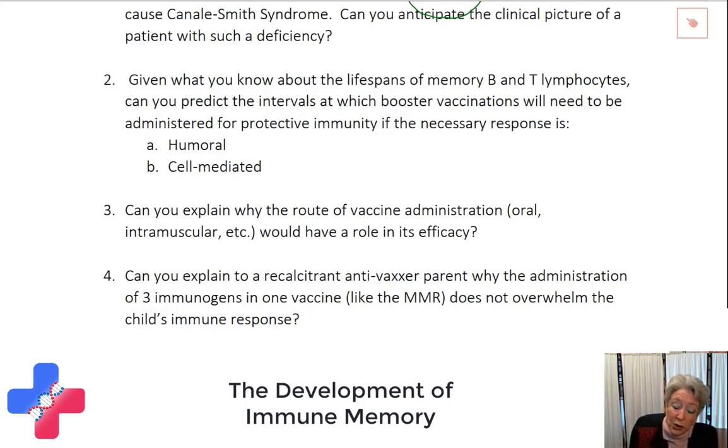All right, so if you recall, the lifespan of the plasma cell is 2 weeks. That's just the effector. But the B cells who create plasma cells have about a 10-year lifespan.